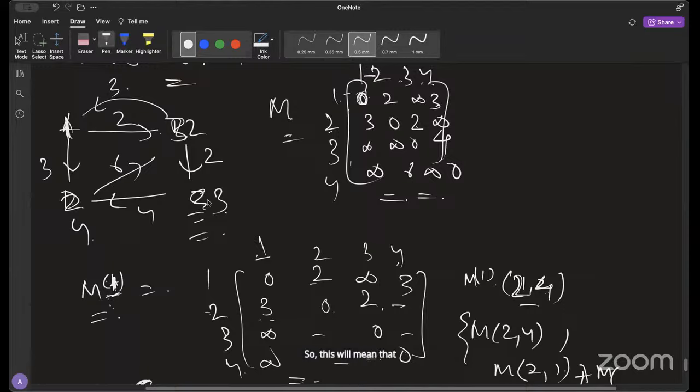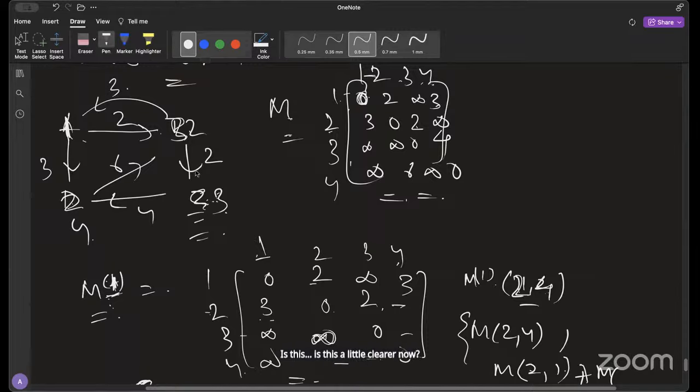So if you're starting from 3, let's just say you want to go from 3 to 2, you'll have to go via 1. But you can't, because 3 and 1 do not have a direct edge. So 3 and 1's distance is infinity. And then this distance is 2, so you just directly take an edge from 3 to 2. In this case, you don't have a direct edge from 3 to 2, so it will remain infinity. So 3 to 2 is going to remain infinity. Is this a little clear now?